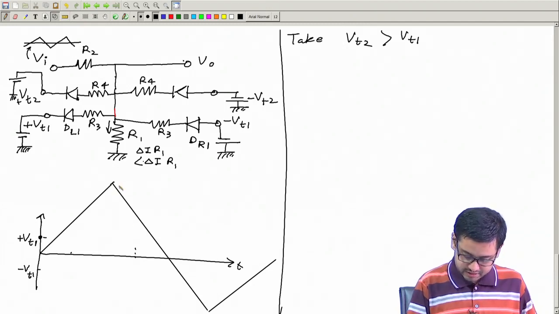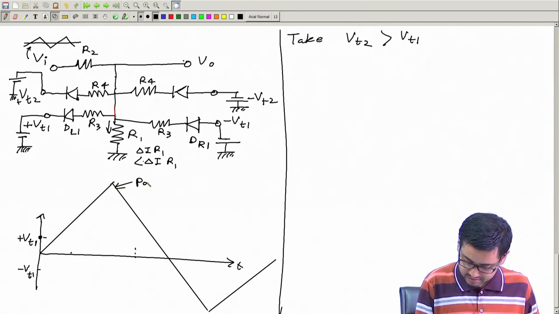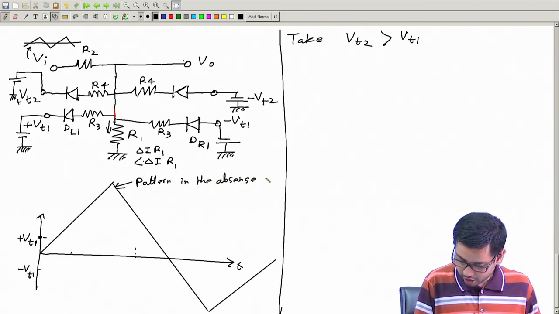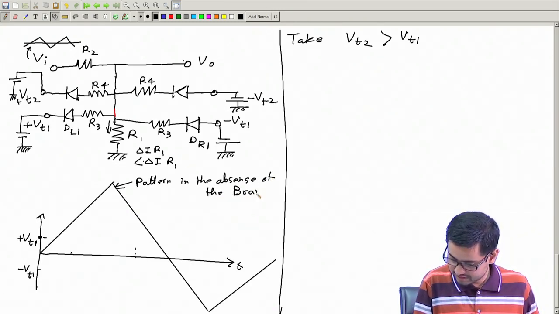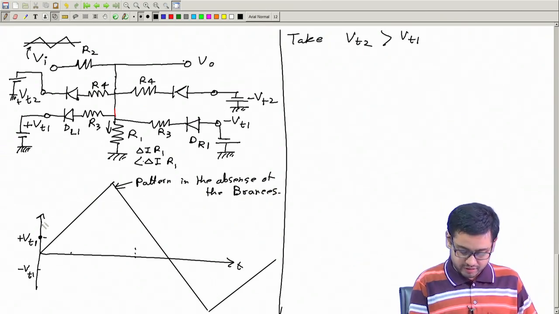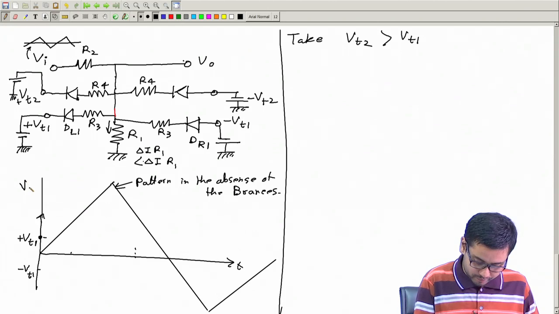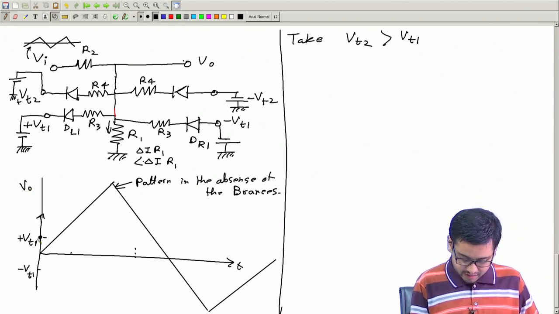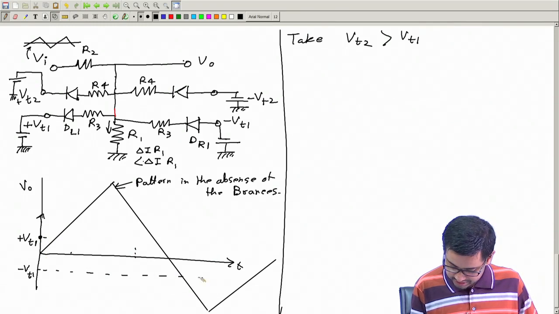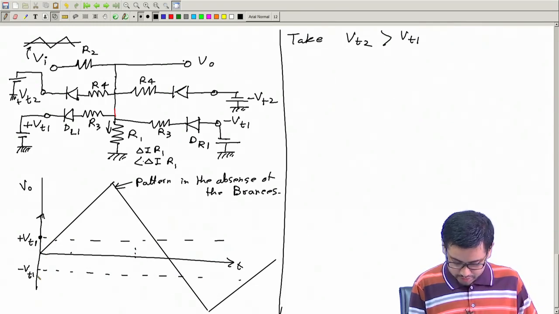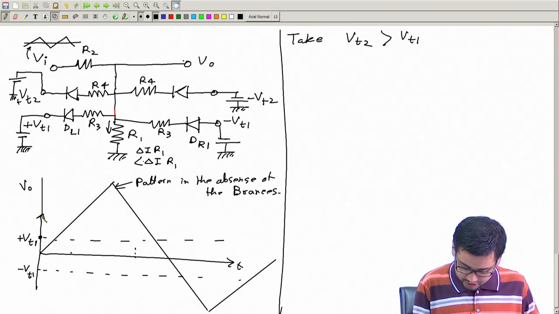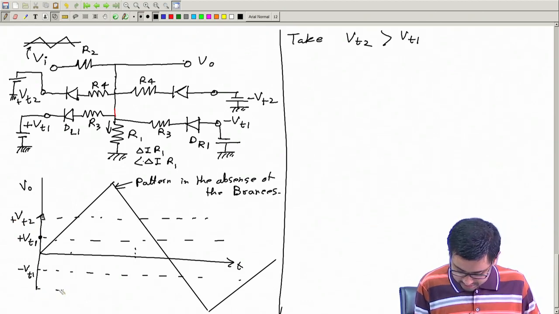So this is the pattern of the output VO in the absence of these branches. On this I will draw these levels, plus VT1, minus VT1. Similarly here I shall draw VT2 plus, and here minus VT2.